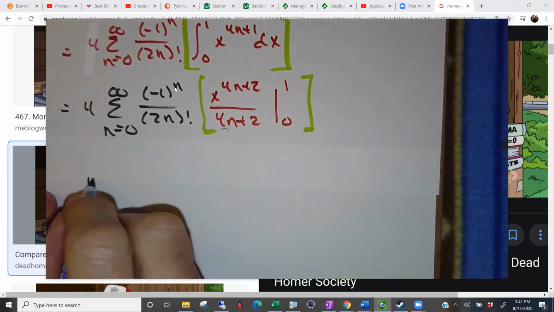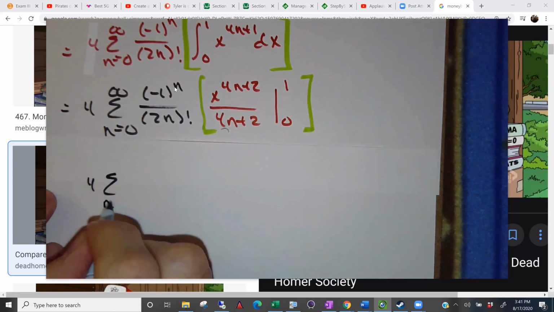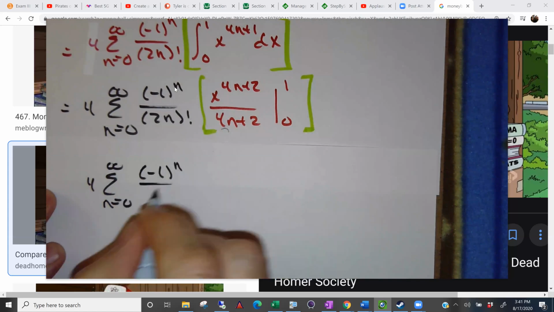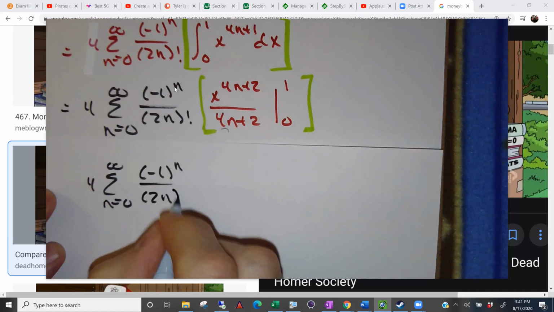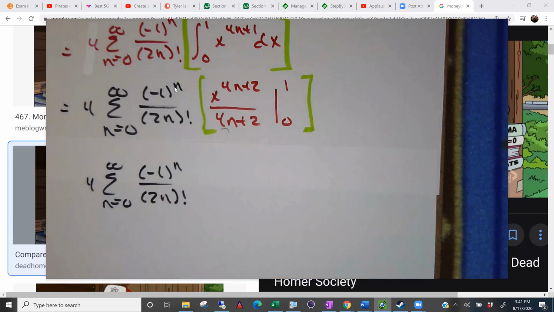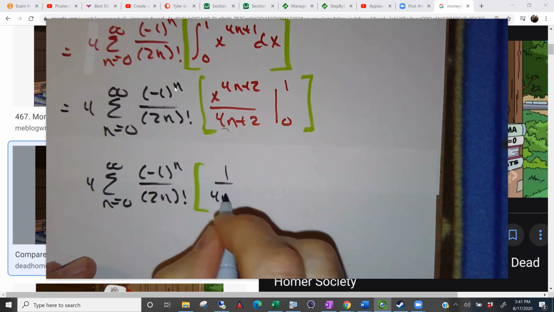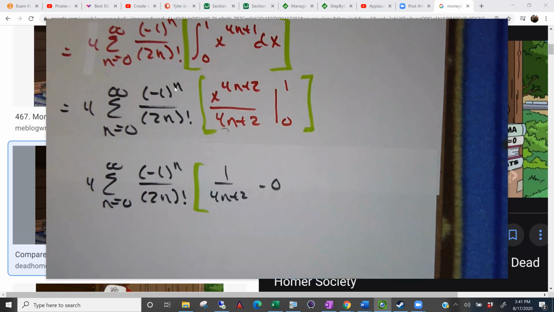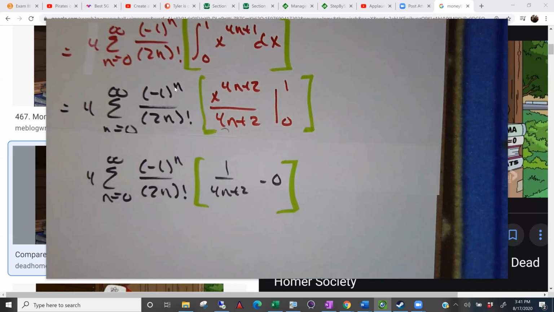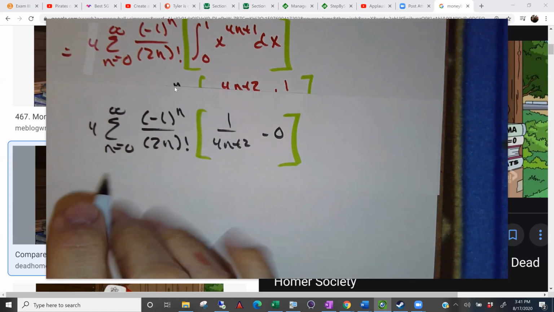That's going to be 4 times the sum from n equals 0 to infinity of negative 1 to the n over 2n factorial times 1 over 4n plus 2 minus 0. And of course, I don't need the minus 0 there. I can just write this without it.